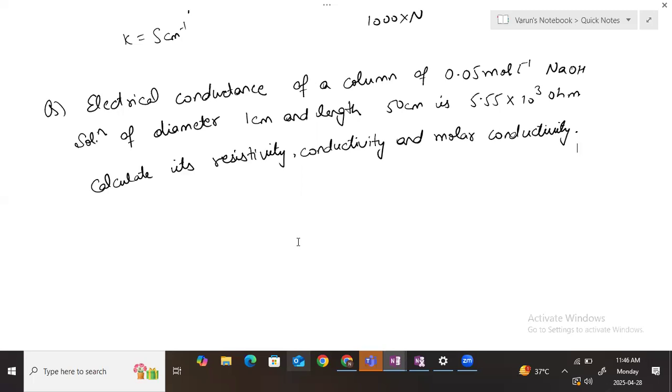You have been given the electrical conductance of a column as 5.55 into 10 to the power 3 ohm. That is the resistance, no?